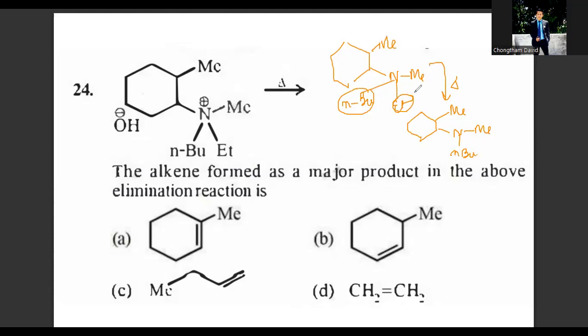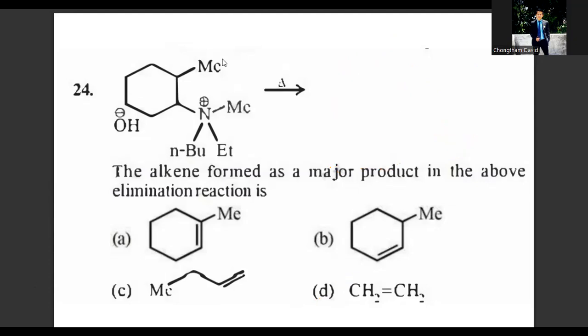This ethyl part will leave as ethene, because this is an elimination reaction, also forming a byproduct, water. So the question is asking the alkene formed as a major product in the above elimination reaction will be ethene. This is in accordance with Hofmann's rule. It states that when theoretically more than one type of alkene is possible, the alkene containing the least alkylated double bond is going to be the major product. Least alkylated double bond.